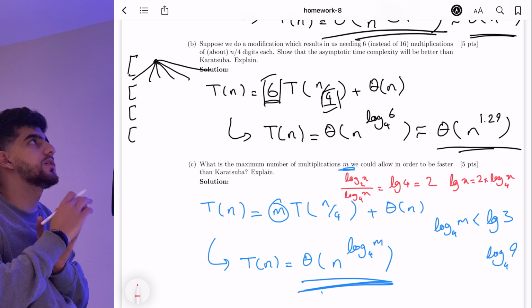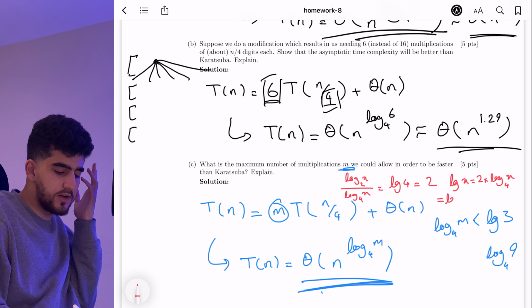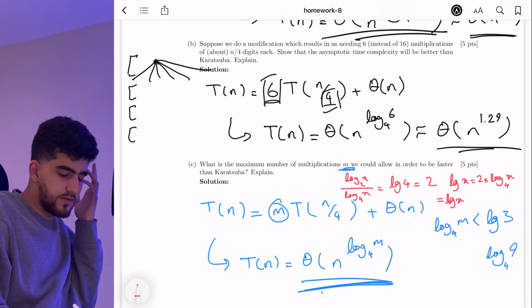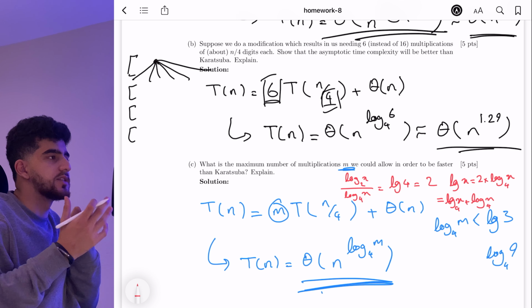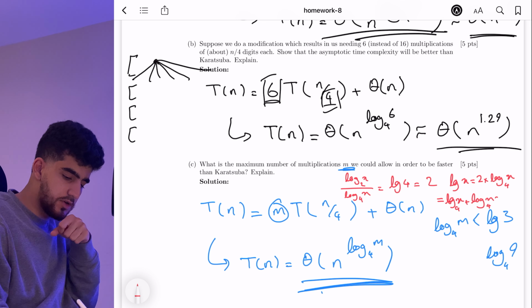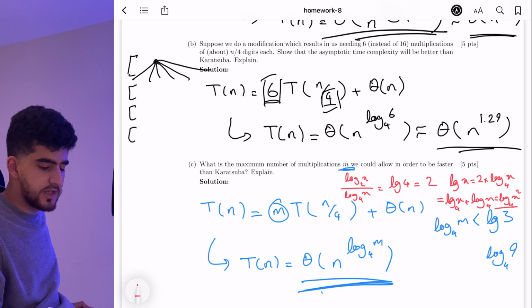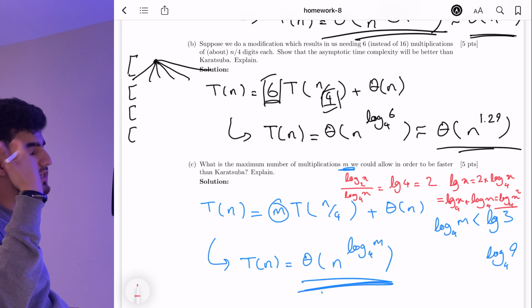And when you multiply a logarithm by 2, it's just like log of x in base 4 plus log of x in base 4. And we know that when we add two logarithms, it's like we multiply the values inside. So it's going to be log of x squared in base 4, right? So this way we can see that log of x in base 2 is equal to log of x squared in base 4.